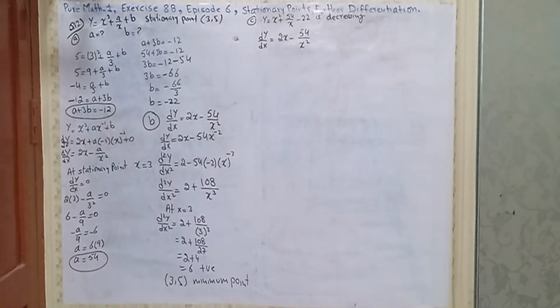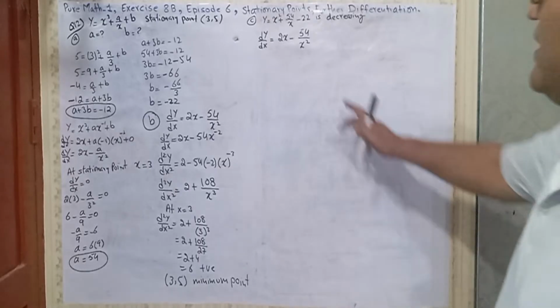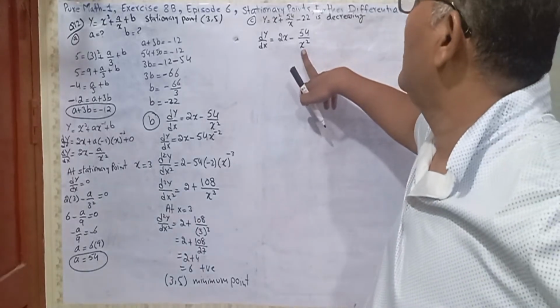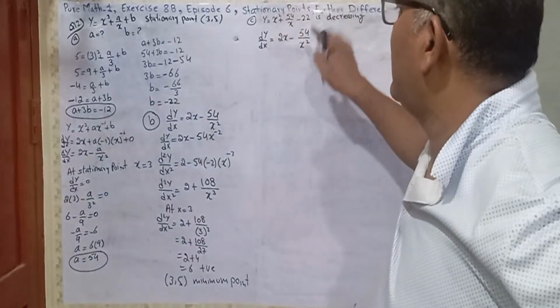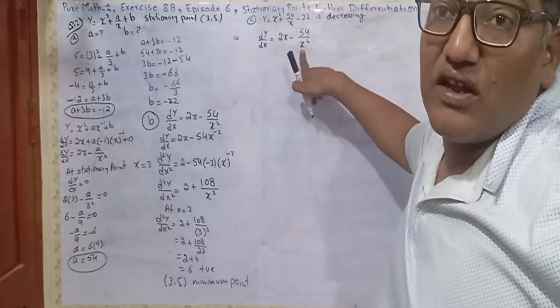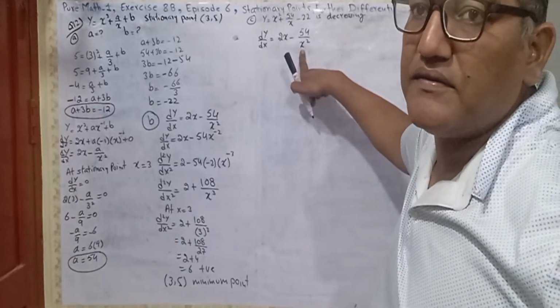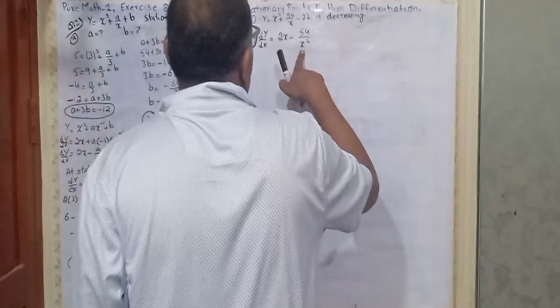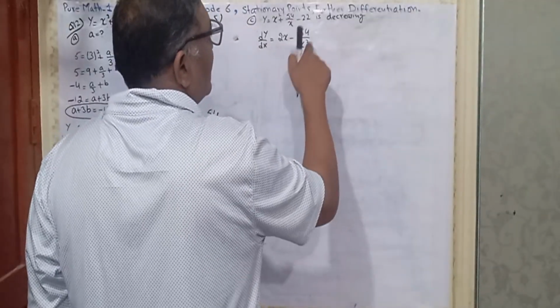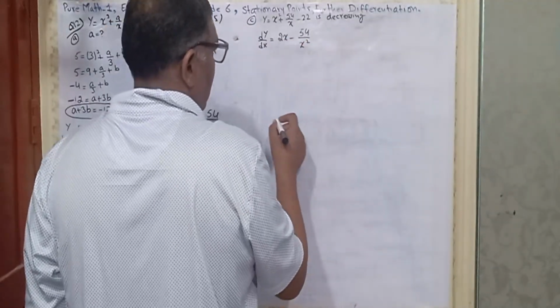Now the turning point is (3, 5). If in the place of x I put 0, this thing will become infinite, because x is in the denominator. If I put x equals 0, this whole thing will become infinite.